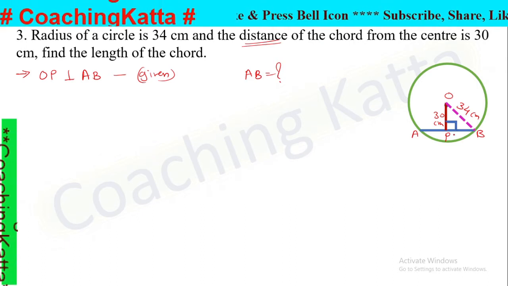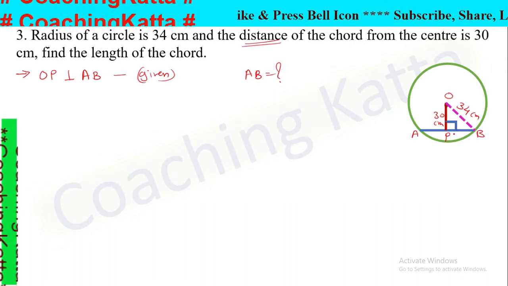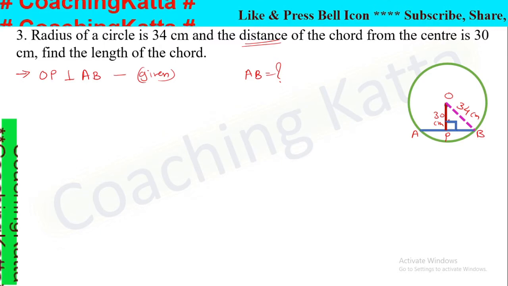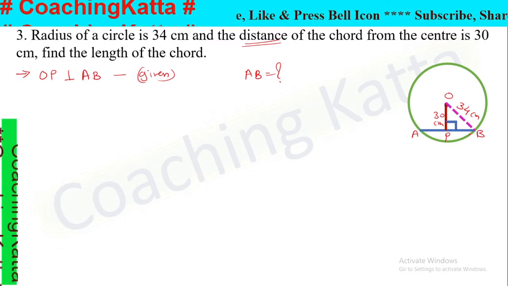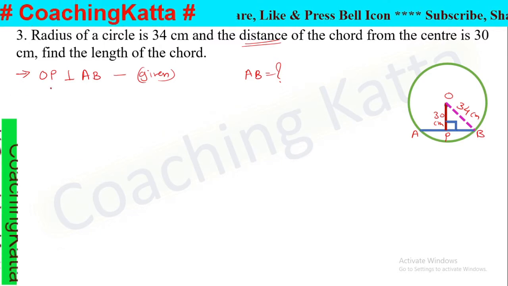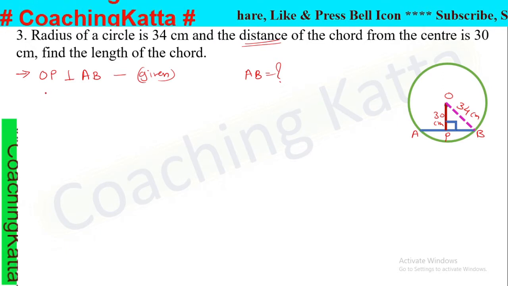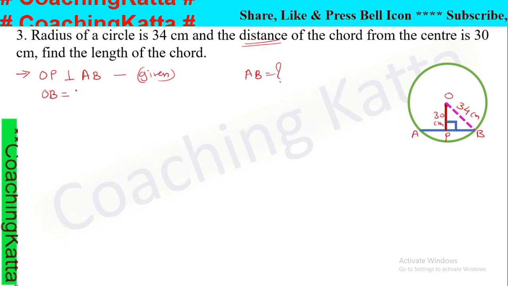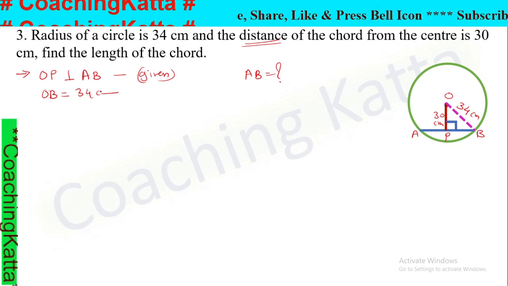So first find the length of PB. Okay, and for that apply the Pythagoras theorem in this triangle OPB. Okay, then what is also given, that OB is given, 34 centimeter.